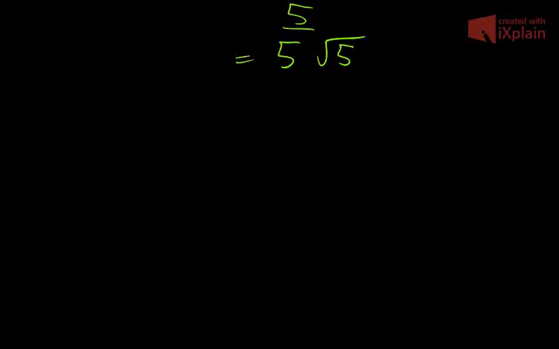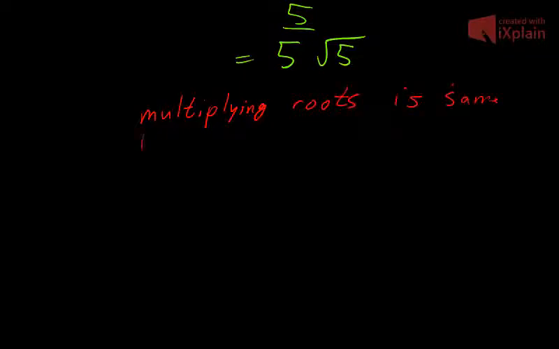So with that knowledge, we kind of assumed something without saying it straight out last time, that if I have two square roots, we can just multiply what's inside. So multiplying square roots is the same as multiplying their insides.